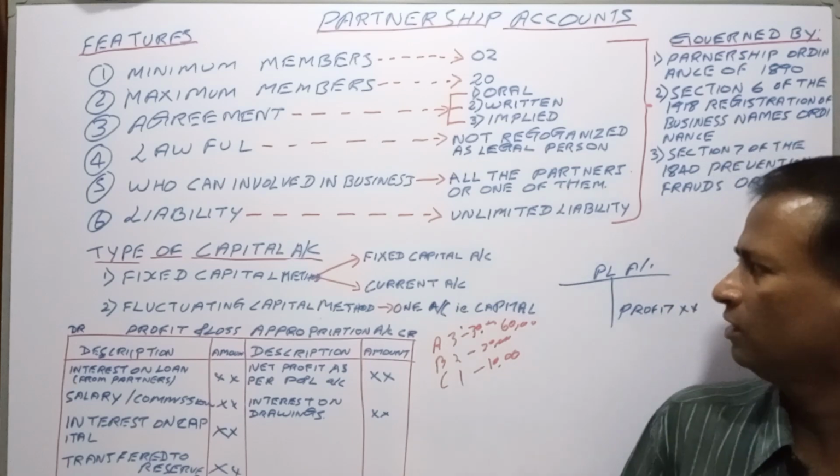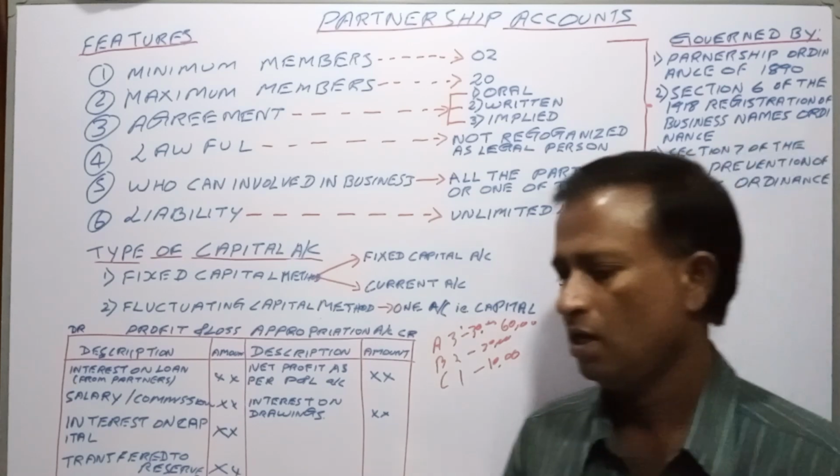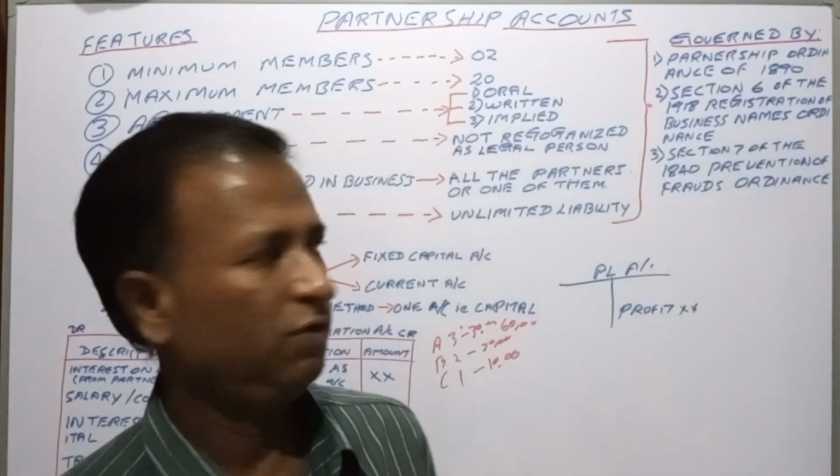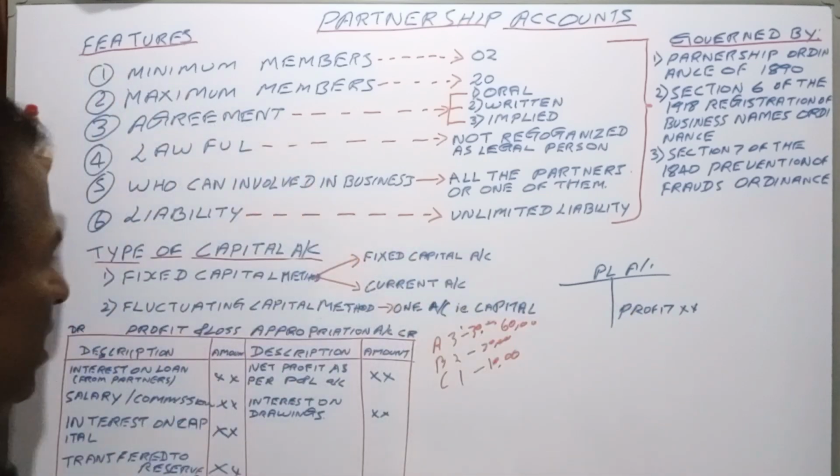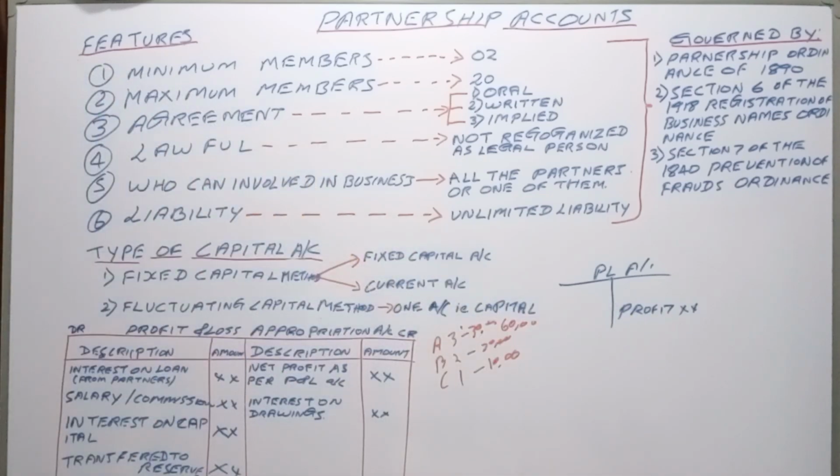I hope you have understood all these things, and if you want you can take this down, right? If you cannot see profit transferred to partners after the transfer to reserve account, that step will be there further down.